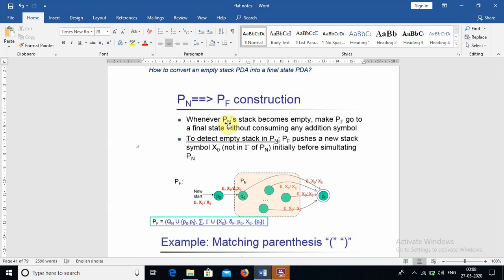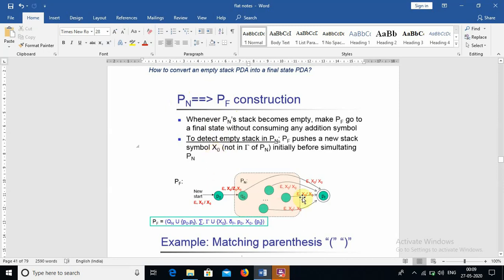That is not an issue. So to reach a final state directly, we can use a new symbol X0, which is not in tau. It is not actually a stack variable, it is a new variable. So PN can be converted into PF, both are similar actually, but for the conversion from PN to PF we take an additional variable X0.